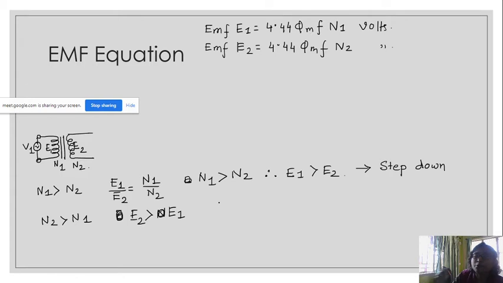That means the voltage in the primary side will be less, but the voltage in the secondary side is more. So it gives a step up condition of voltage. When the secondary side number of turns is more, you get a higher voltage, so it is called a step up transformer. Understand?